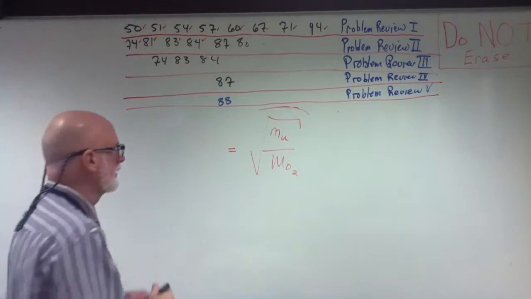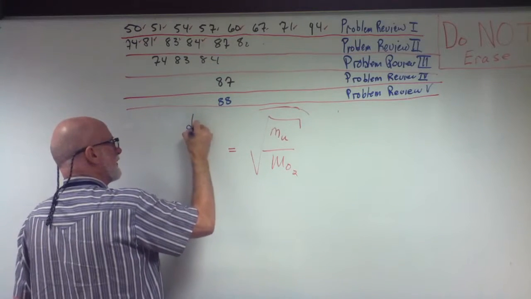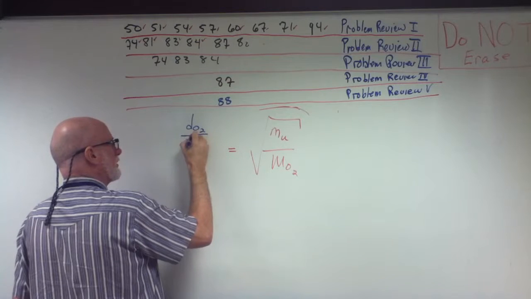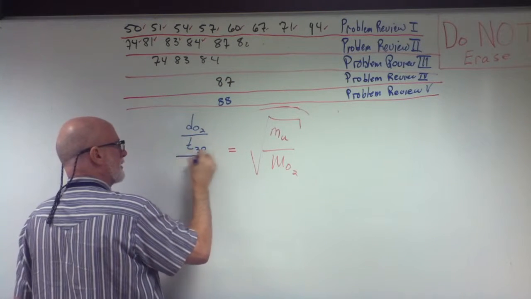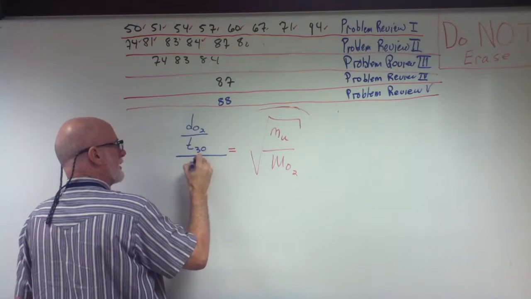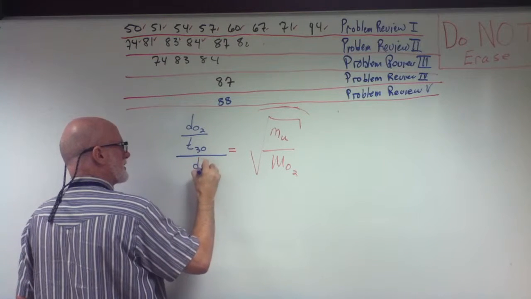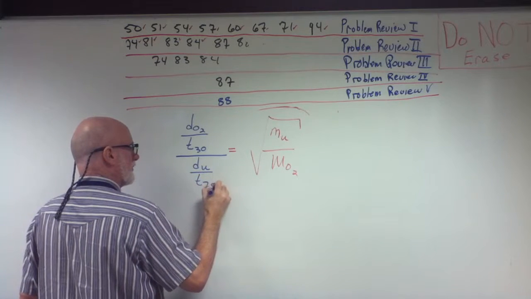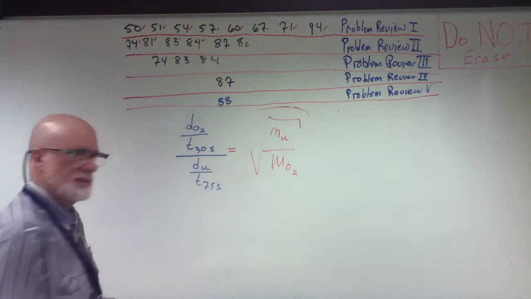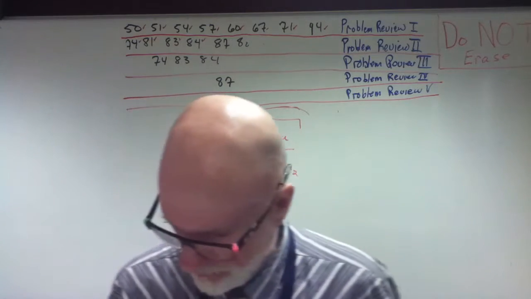I had the distance traveled by oxygen. What was the time for oxygen? 30 seconds, right? Okay. Divided by the distance of the unknown times 75. Isn't that correct?